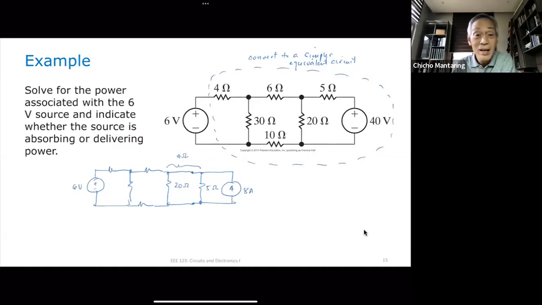Now, if that is 4 ohms, I can now put that in series with the 6 ohms over here and the 10 ohms over here. Okay. So what is going to be my next iteration? My next iteration, I'm going to have my 6 volts.